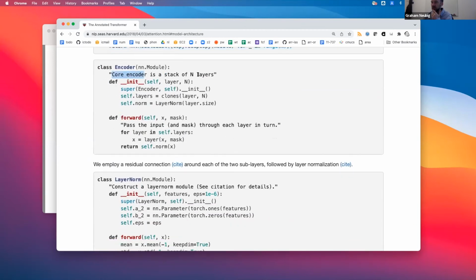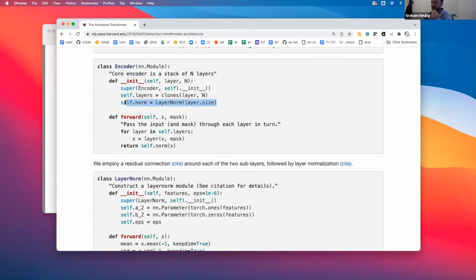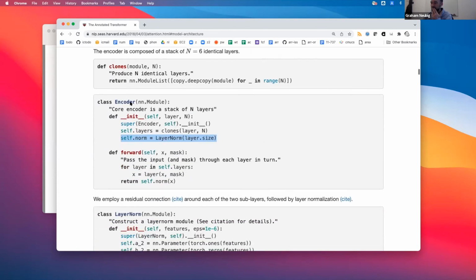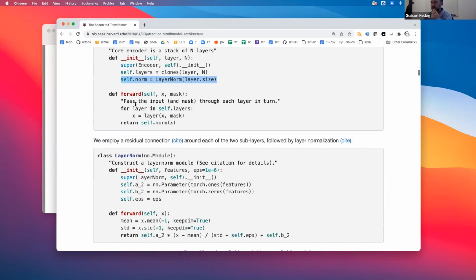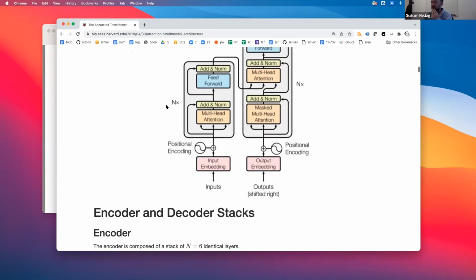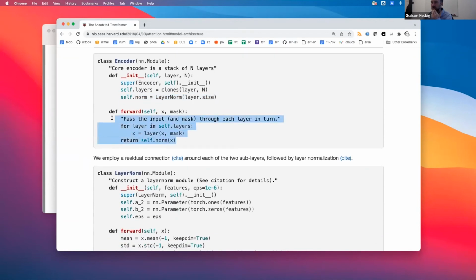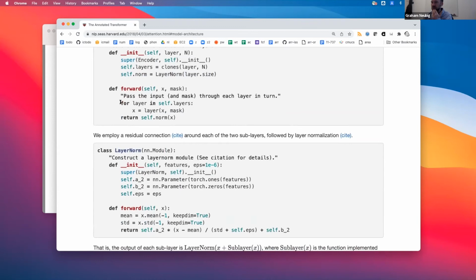The core encoder is a stack of n layers, where we also have layer norm after all of them. Or no, sorry, this is a final layer norm, I guess. And then we pass the input and mask through each layer in turn. So we just have a for loop over each of the layers here.